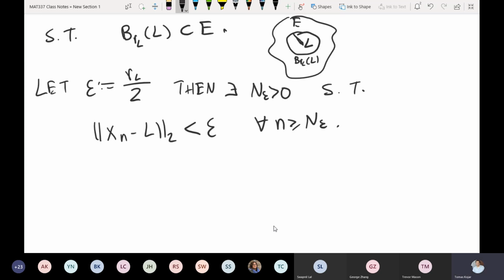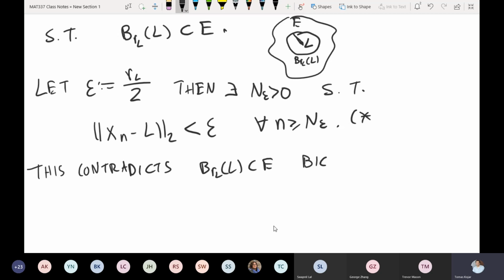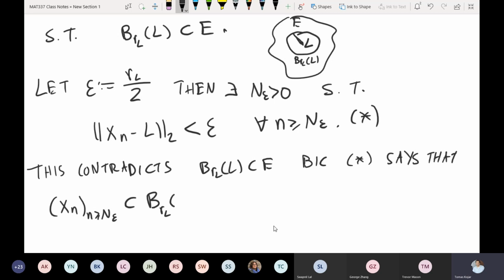This contradicts this, because star says that xn, for n bigger than n epsilon, is fully contained in here.